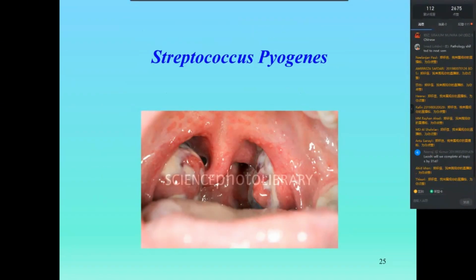So maybe the chain will grow longer. Pyo means pus. And they produce capsules actually, and the capsules contain hyaluronic acid. And they are catalase negative.